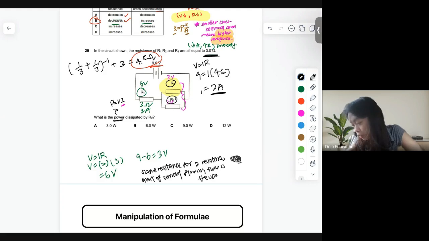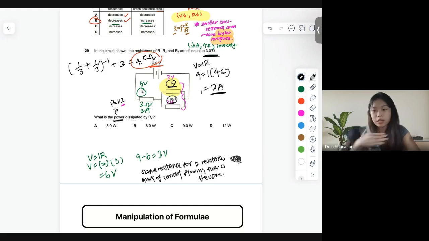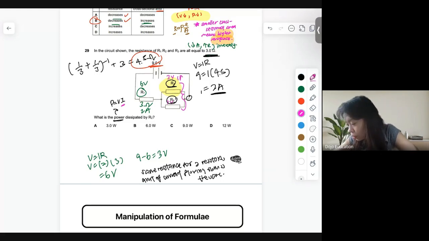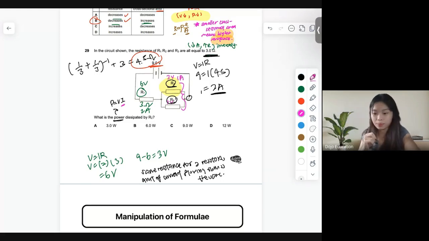They will be split equally in this case, okay? So my total current flowing through should be 2, right? And because they have the same resistance, it's split equally. So the amount of current flowing through R2 should be 1. The amount of current flowing through R3 should be 1. And they add up to be 2 when they combine again here. Okay? So my current flowing through R2 is 1.